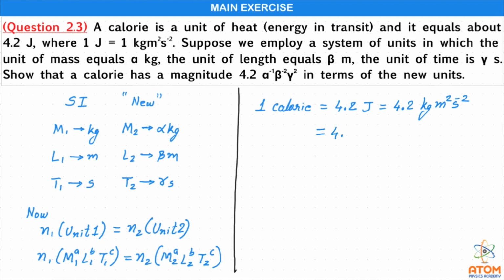So it will be 4.2 and M1, this is kilogram, so M1, then meter square, so L2, and second inverse square, so T minus 2. Right now we are discussing in the first unit system, that is the SI unit system. So I'll put here M1, L1 and T1. So this is calorie is 4.2 M1 raised to 1, L1 raised to 2 and T1 raised to minus 2.